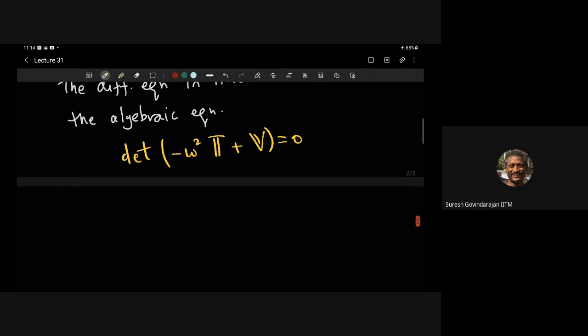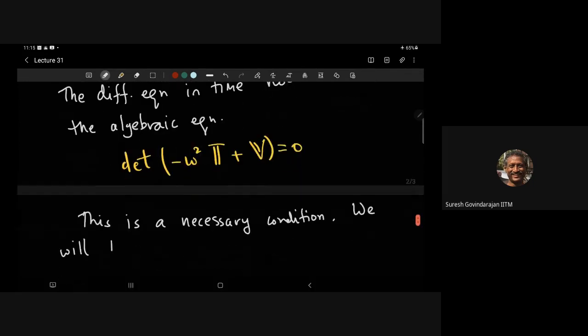This is the condition. It is a necessary condition, and it's also sufficient.